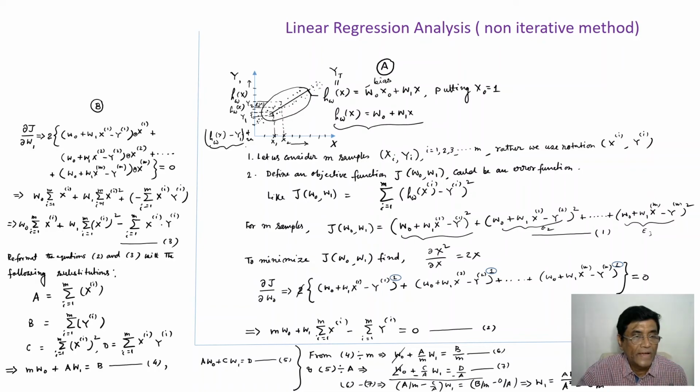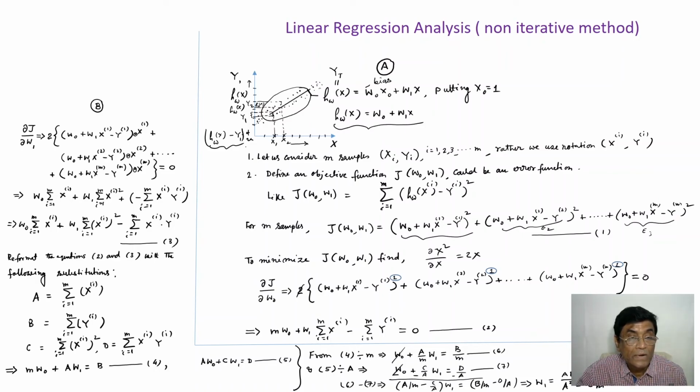Then again simplify. So W0 comes out, you see, W0 into x1, W0 into x2, W0 into xm. So for every sample W0 is there as a multiplier, so you have to take it out and sum them up, xi.